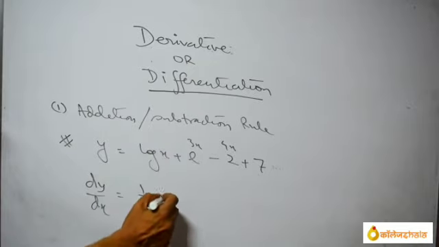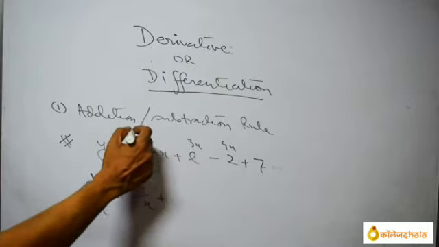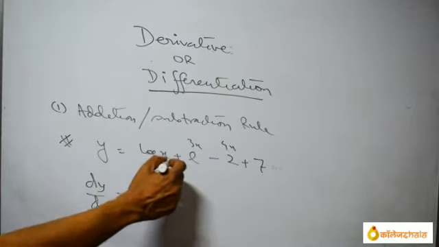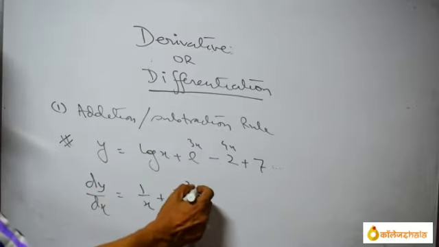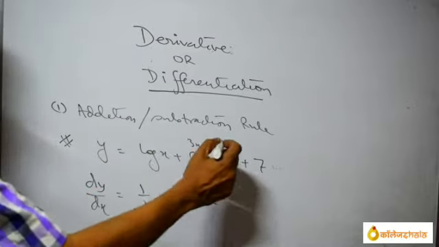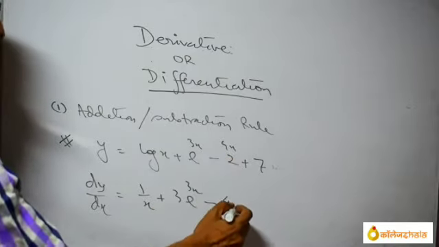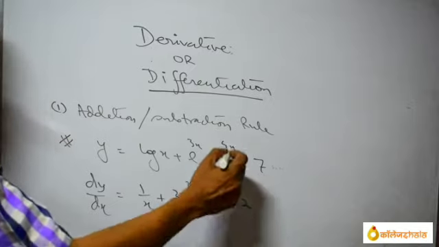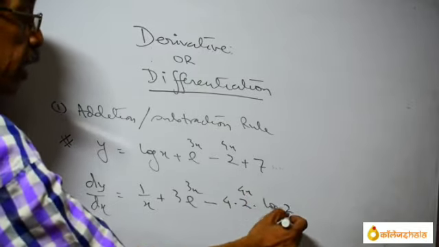Then for e to the power kx, the derivative is k e to the power kx, so here it is 3 e to the power 3x. Then for 2 to the power 4x, which is a to the power kx, k is 4 and a is 2, so it is 4 into 2 to the power 4x into log 2 with base e.